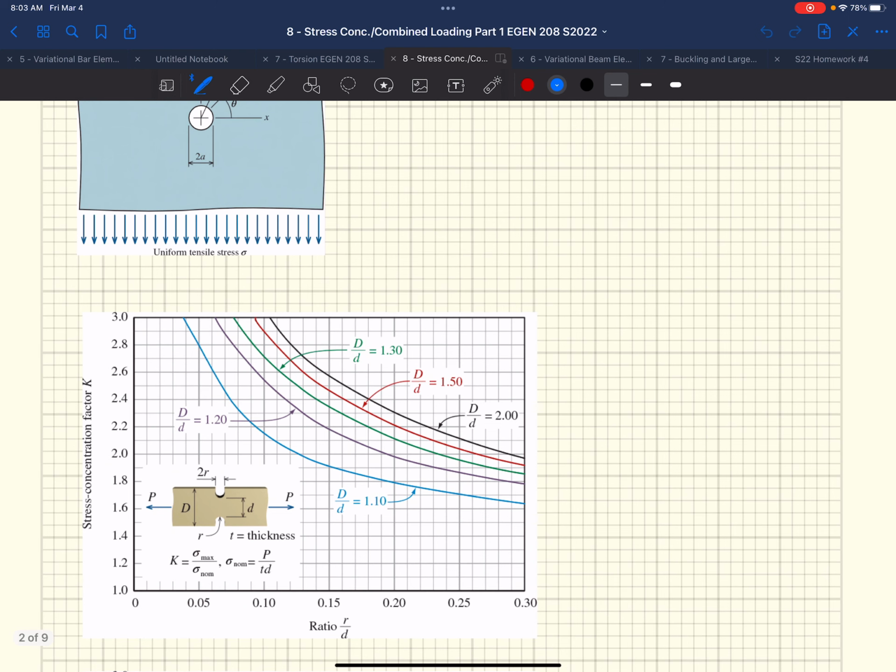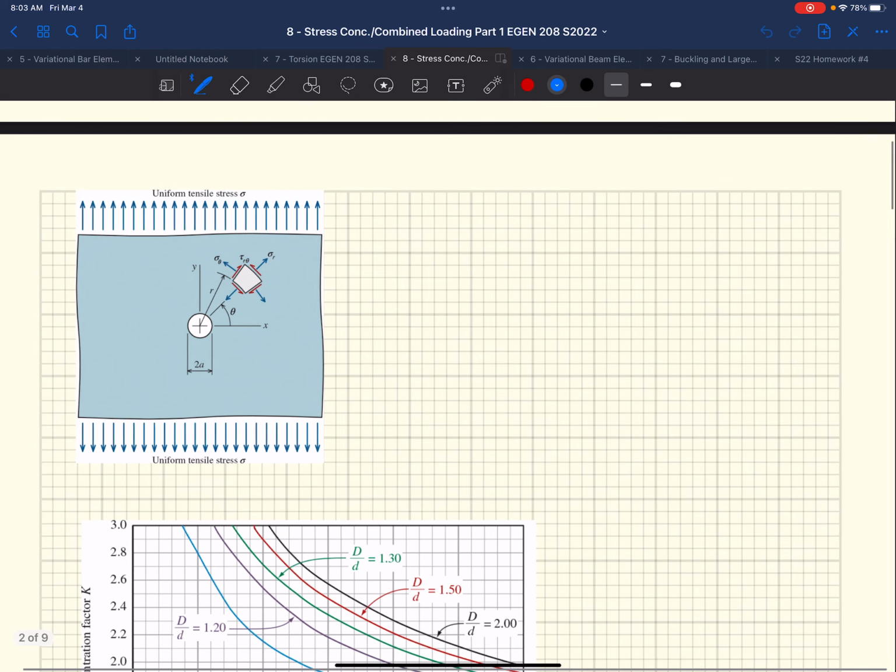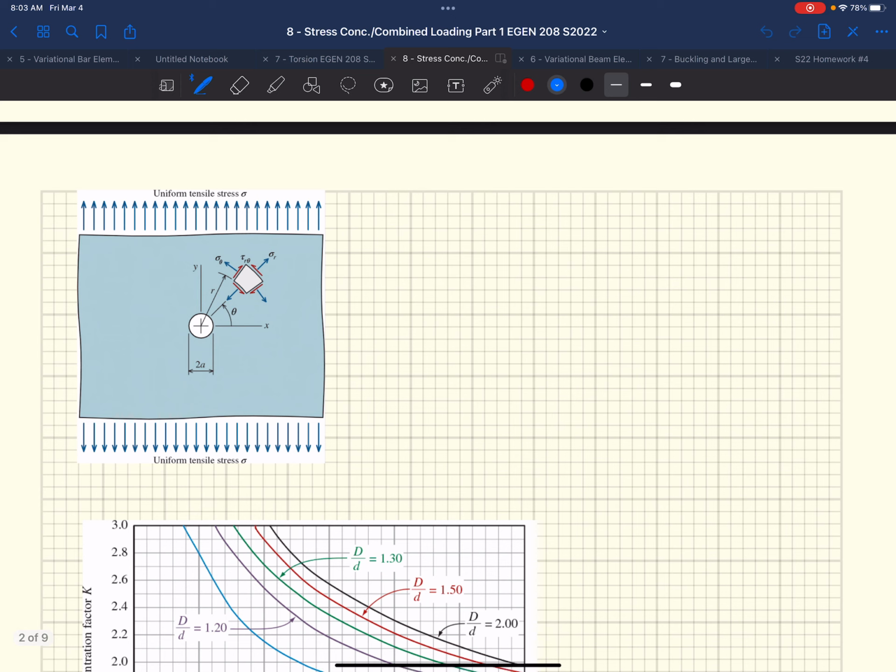Here we'll say stress redistribution, and movement of stress creates additional normal and shear stresses.